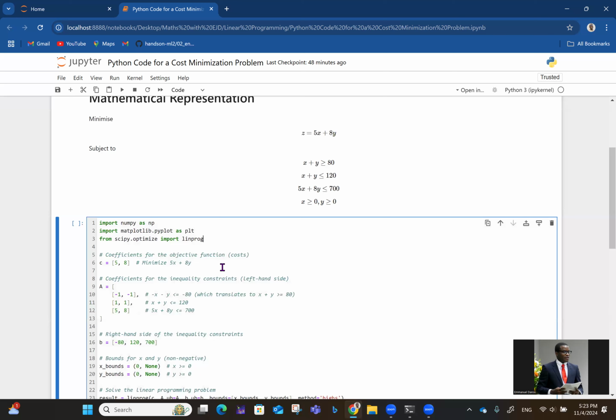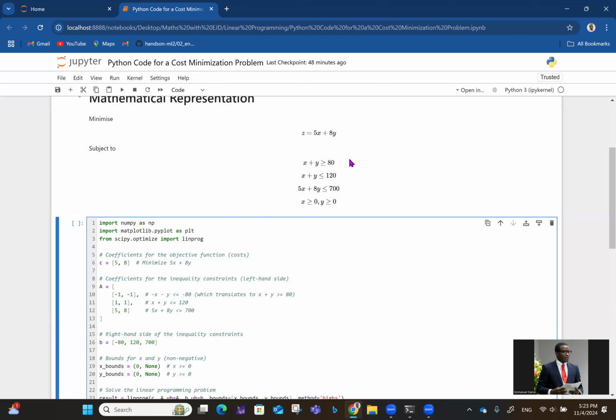Now for the constraints. You see X plus Y greater than or equal to 80 is what we have here. But for proper coding in Python, you need to make it a less than or equal to inequality instead of a greater than or equal to inequality. And the way to do that is just multiply by -1.